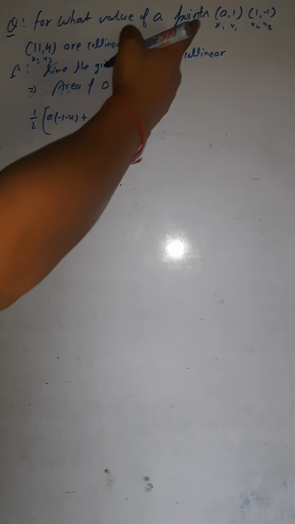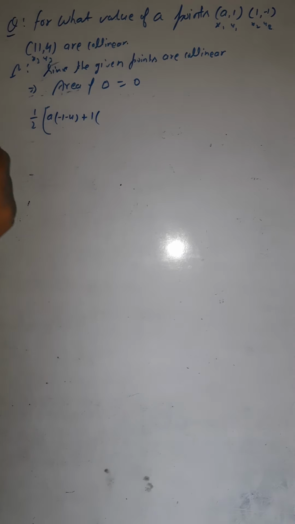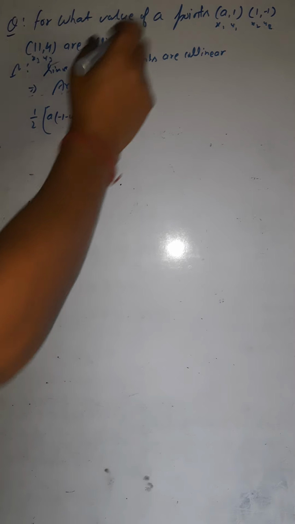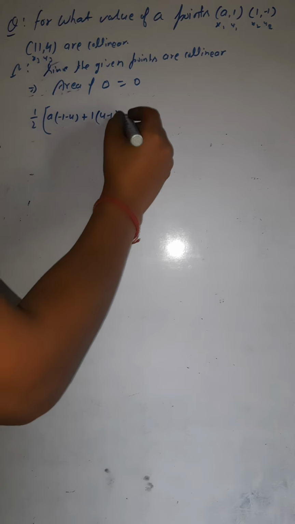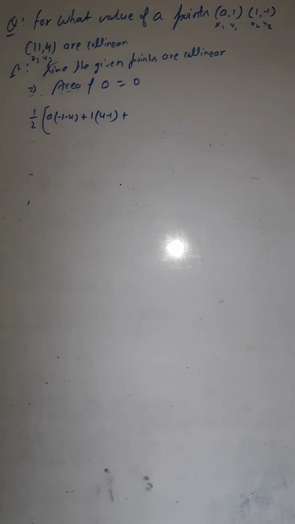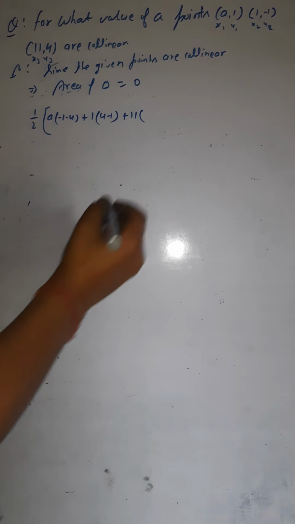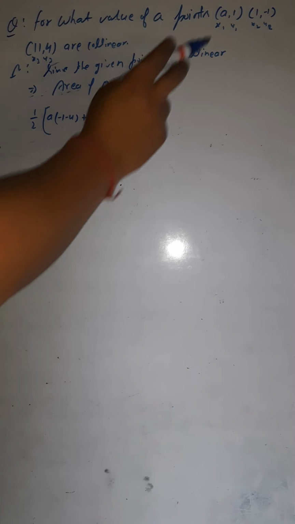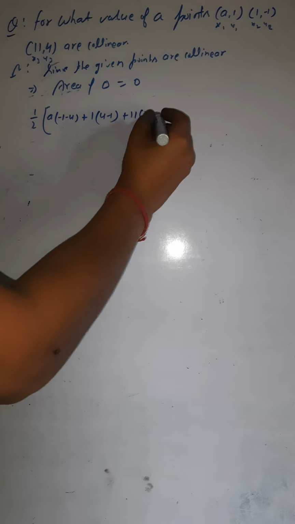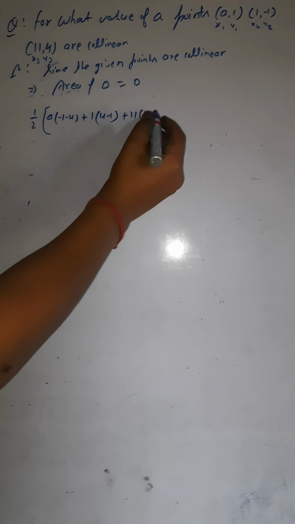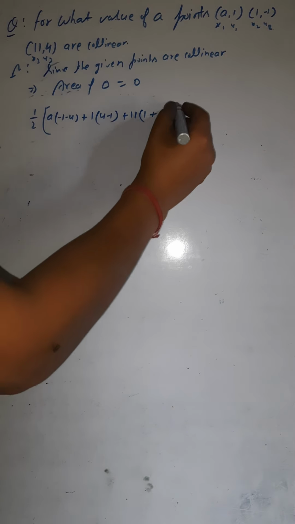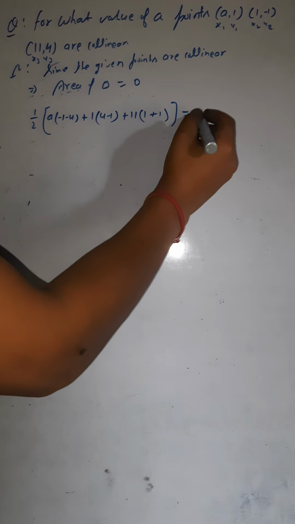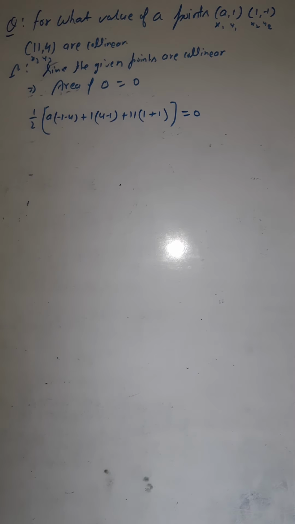Second x2 is 1, then inside y3 minus y1 is 4 minus 1. Similarly next is x3, x3 is 11, inside y1 minus y2, means y1 is 1 minus y2 is minus 1, so this would become plus 1. It is equal to 0 because the points are collinear, so the area would be 0 here.